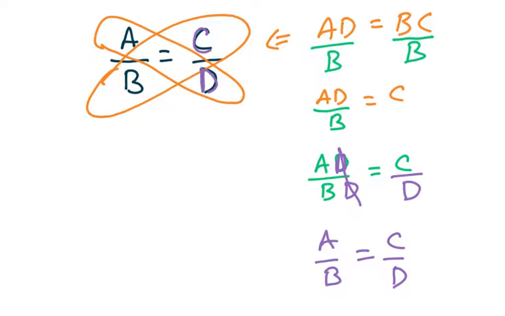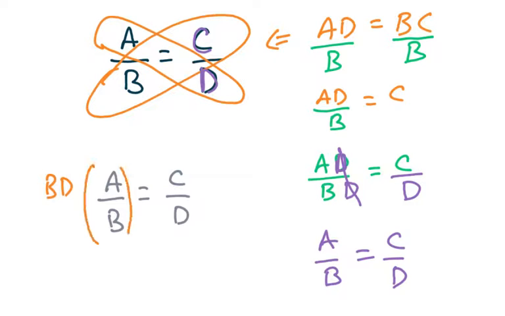What cross multiplication really is, you're really just getting rid of the denominators. So what you're really doing is multiplying both sides by BD, the denominators. This is okay because what I did to one side I did to the other.